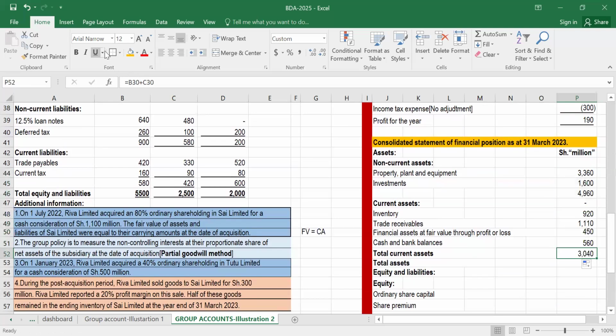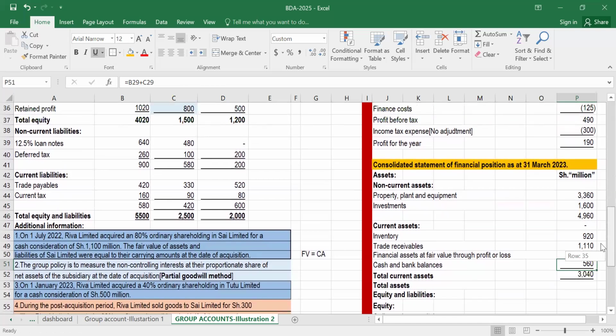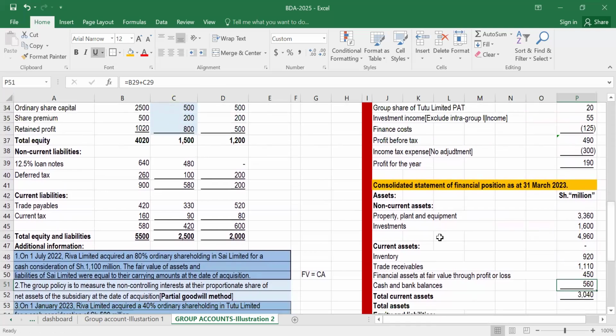And then, okay, let me first of all do the adjustment. We check which items need to be adjusted. Like PP, we usually say this one is adjusted with something called the fair value adjustment. If the subsidiary company revalued the asset and there was a revaluation gain, we said that the revaluation gain is added to the group PP, and you also need to compute the depreciation overcharge or undercharge.